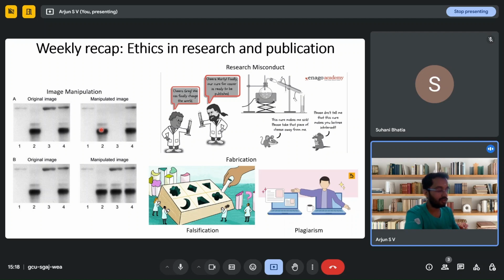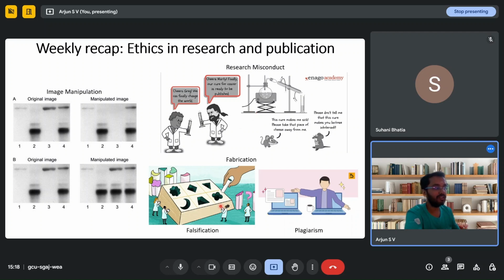We also saw the different types of misconduct. The three main types of research misconduct are, first, fabrication of your data, where you fabricate your data points to align with your problem statement and your desirable data outcome.